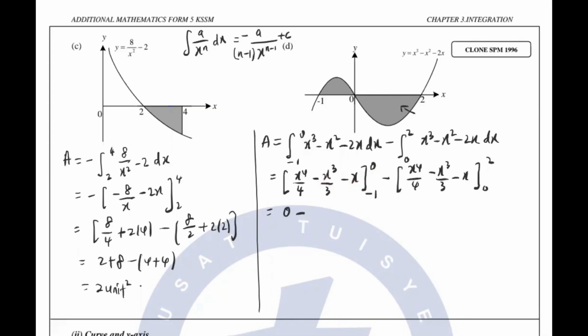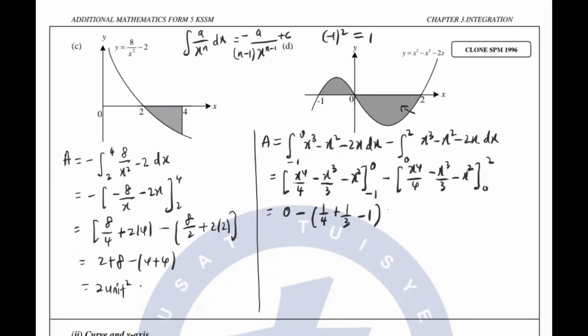This one is -1 power 4 is still 1. Okay, sorry, I made a mistake. Thank you, Brian. X squared. You're very sharp. Now this is -1 cubed is negative, negative, positive, right? This is still negative. Am I right? Because -1 you square it is positive.